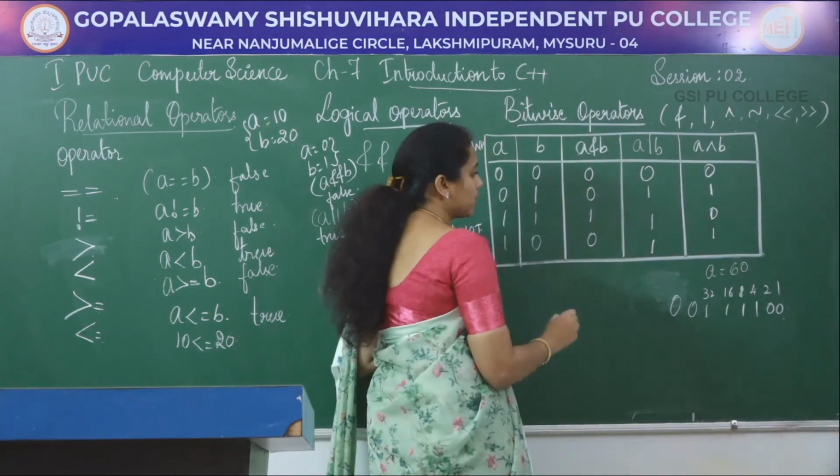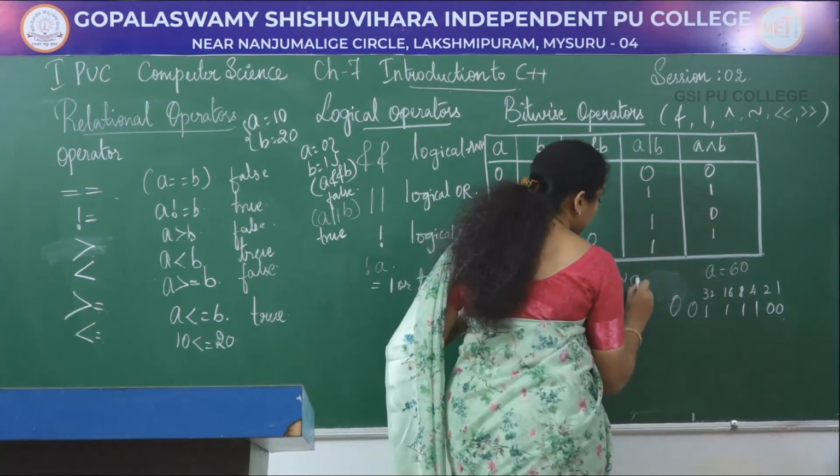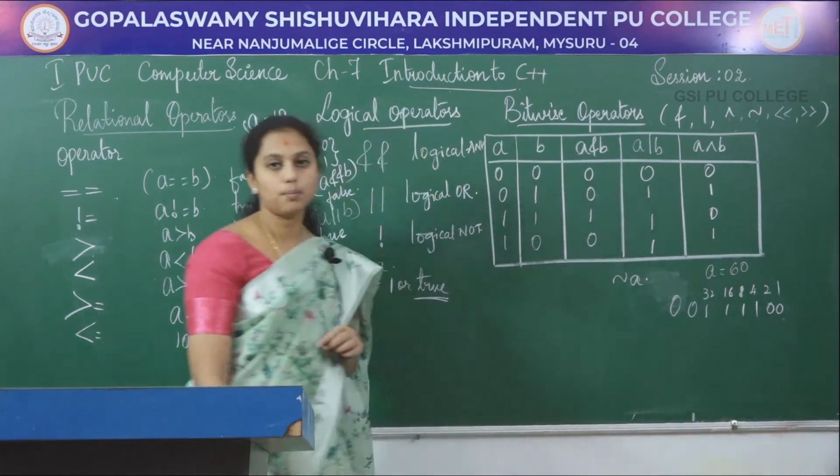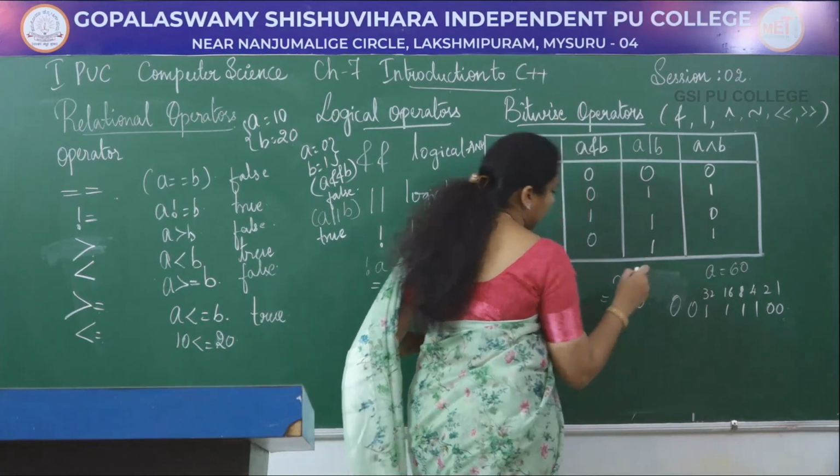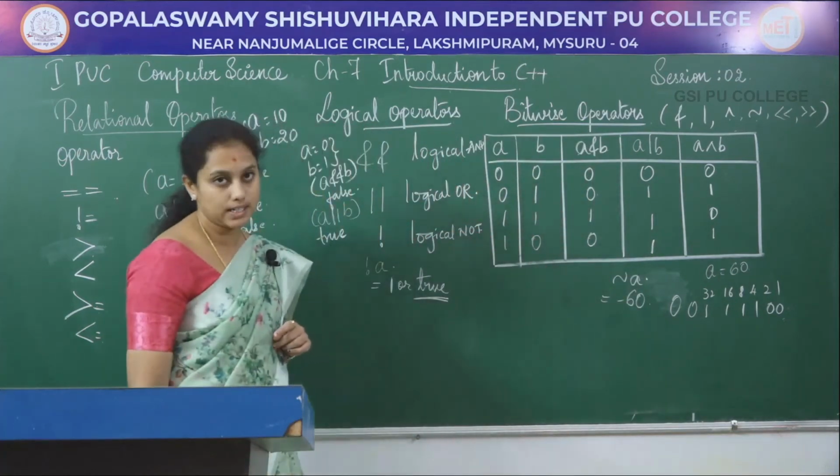So if you use binary ones complement, it will give you minus 60.